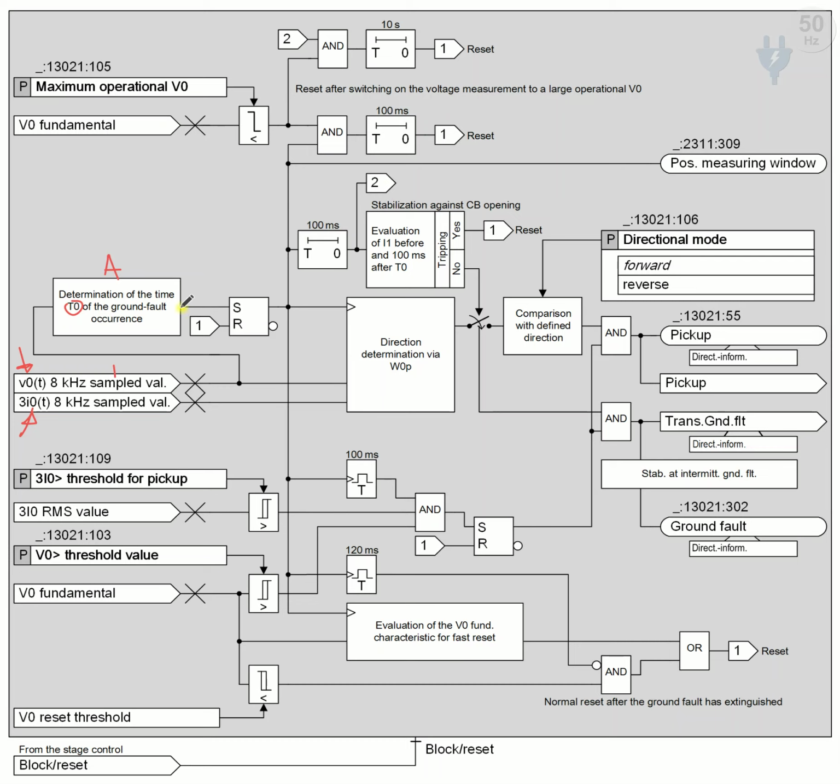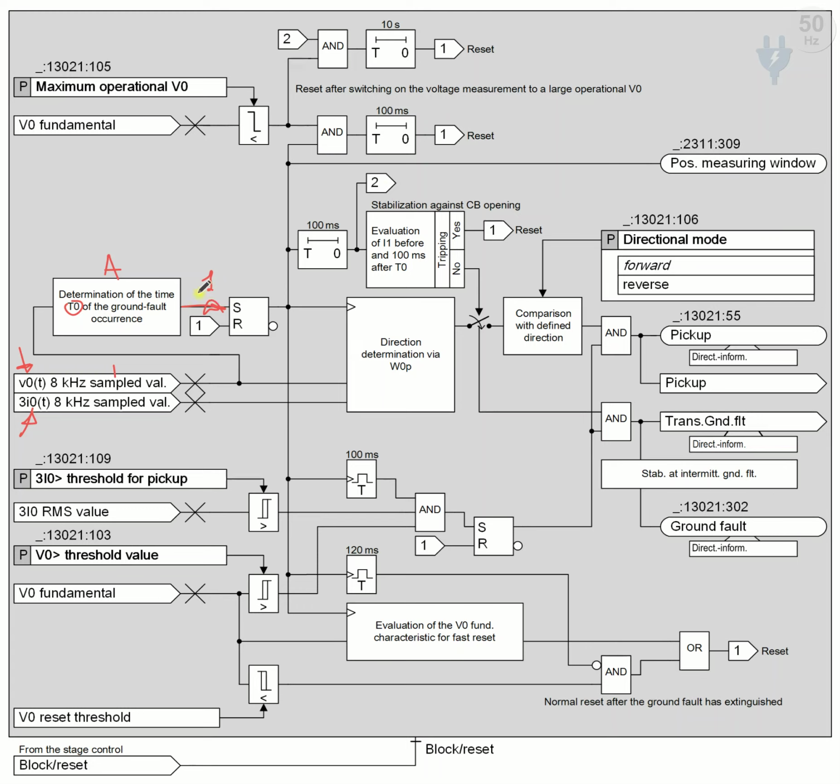The sampled values are also supplied to another block. When block A detects the transient ground fault at the time of T0, it gives a signal of, for example, 1 to another block, an SR latch, at the S terminal.